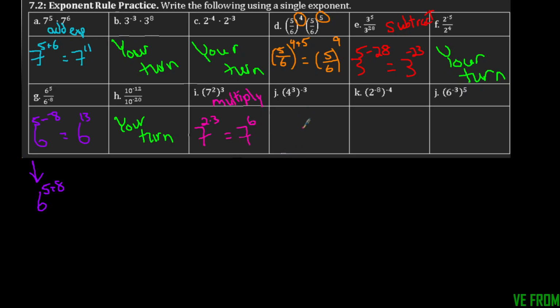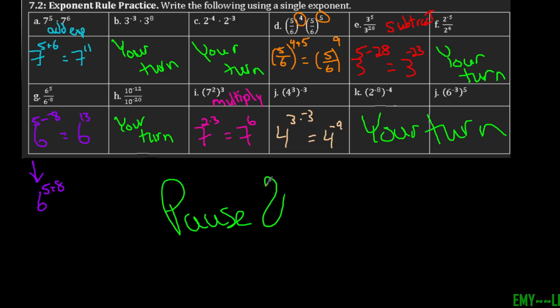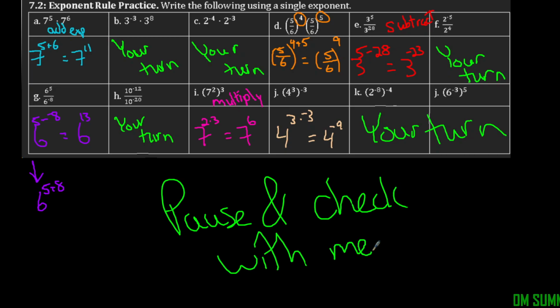Same idea for the next one. I'm going to multiply these together. So I have 4 to the power of 3 times a negative 3, which is equal to 4 to the power negative 9. And those last two, again, make sure you can do on your own. Make sure you pause and check with me.